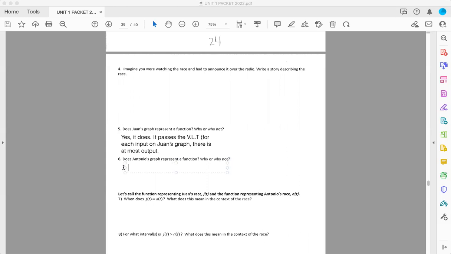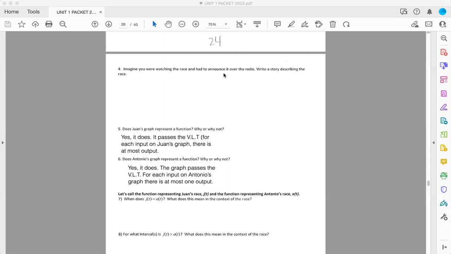Okay, same idea. Yes, it does represent a function, because they said, does it represent, right? It passes the vertical line test, and then you can say the same thing for each input, at most one output. Okay, so this is pretty much it.